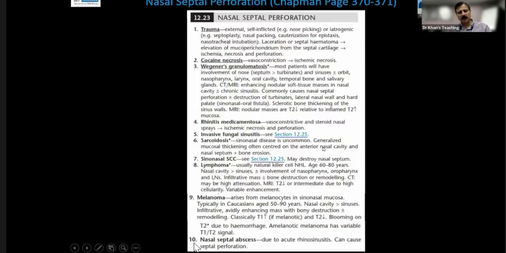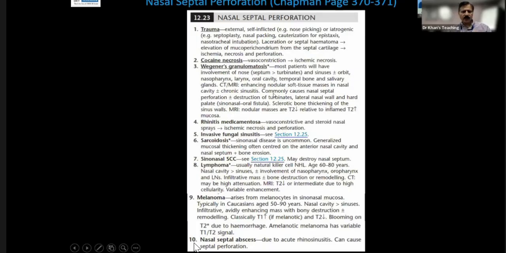And if you see here, this is from your book, nasal septal perforation. Other than trauma, cocaine is a known cause, but our case is Wegener's granulomatosis. In Wegener's granulomatosis, there is vasculitis, and in the upper respiratory tract, lower respiratory tract, we know the other systems of the body can be involved.